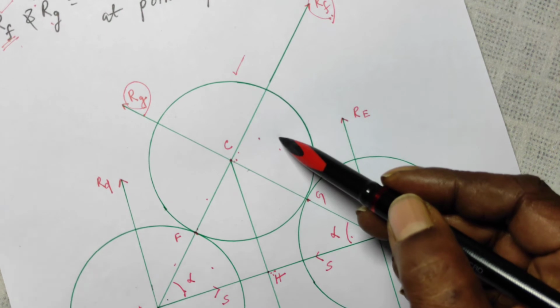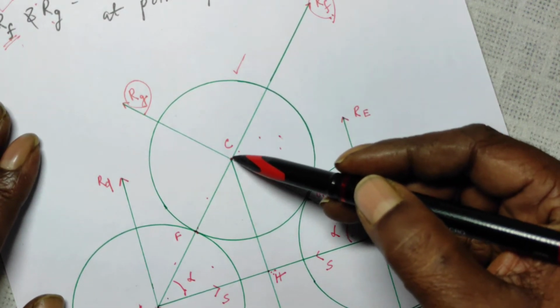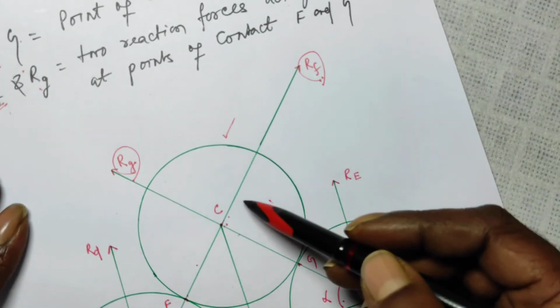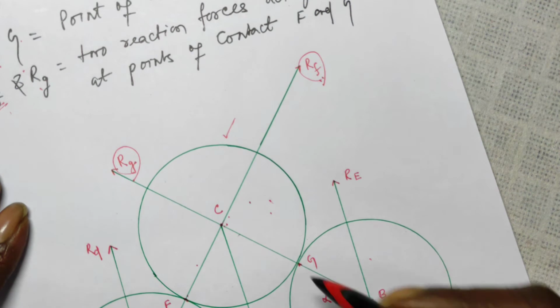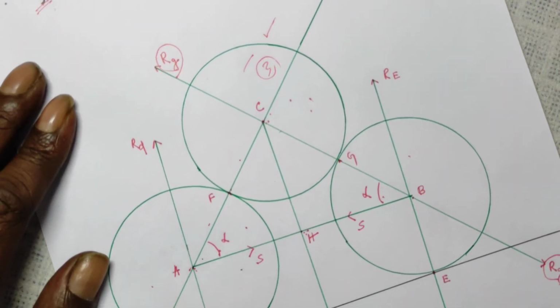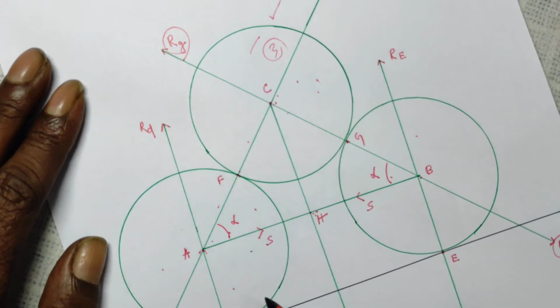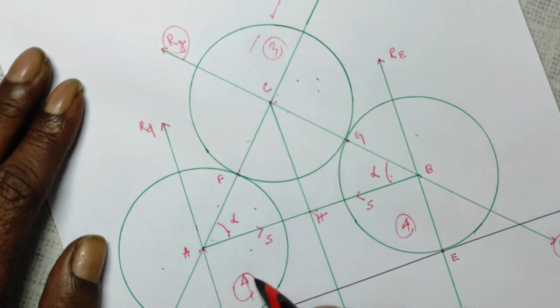Now if you look at this cylinder, the number of forces acting on it is 3. One to this side, and Q to this side. For this cylinder, 3 forces are acting. And for this cylinder, there are 4 forces. And for this cylinder also, there are 4 forces. How?